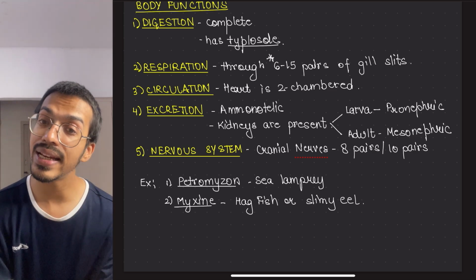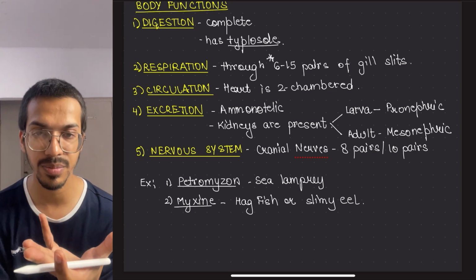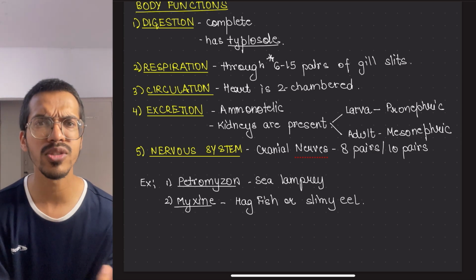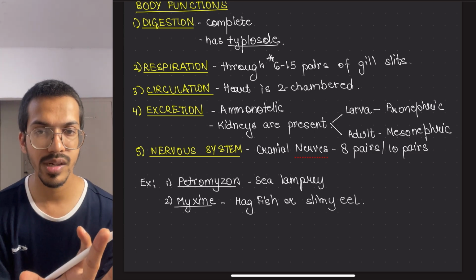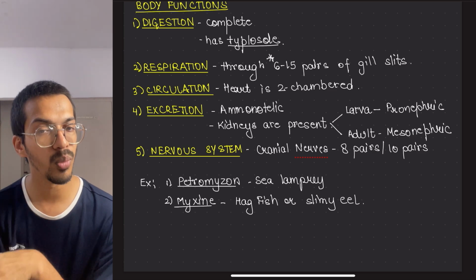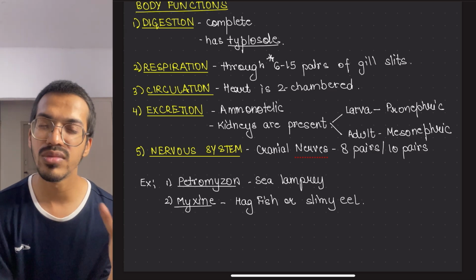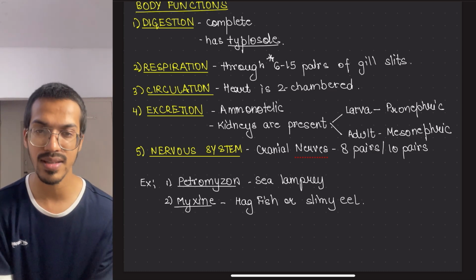But in us, urea is present, because we can't release that much water in the terrestrial environment where water is not there. Little by little you will remember which will be ammonotelic, which will be ureotelic, and which is uricotelic, the lowest one. We will learn it over time. When the kidney chapter comes, we will understand this concept further.